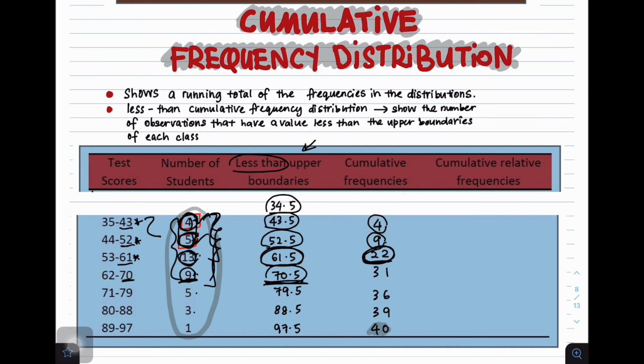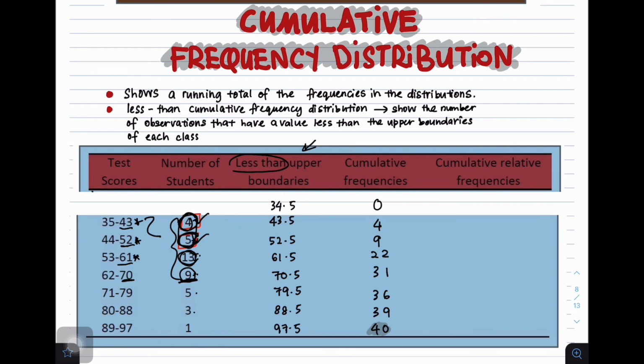Maksudnya kalau saya nak tanya awak berapa frekuensi untuk data yang kurang daripada 79.5, awak boleh terus tengok dekat cumulative frequency. Awak tak payah kira satu-satu. Okay, kalau tak awak kena kira. Contohnya saya tanya, berapa data yang kurang daripada 79.5.